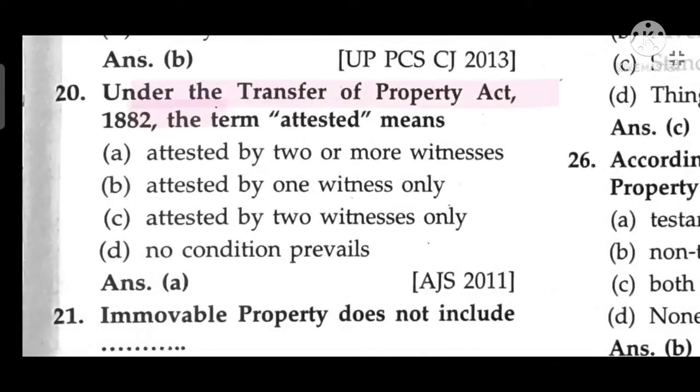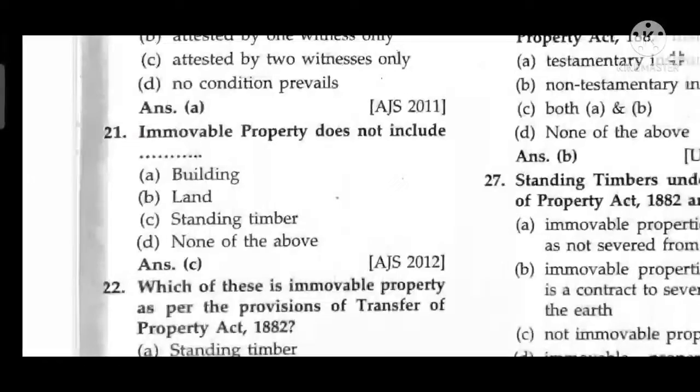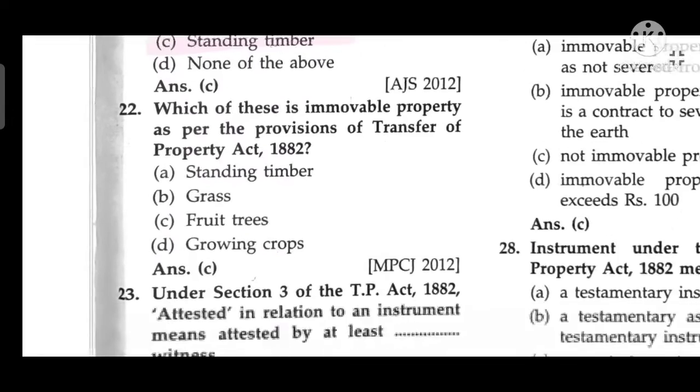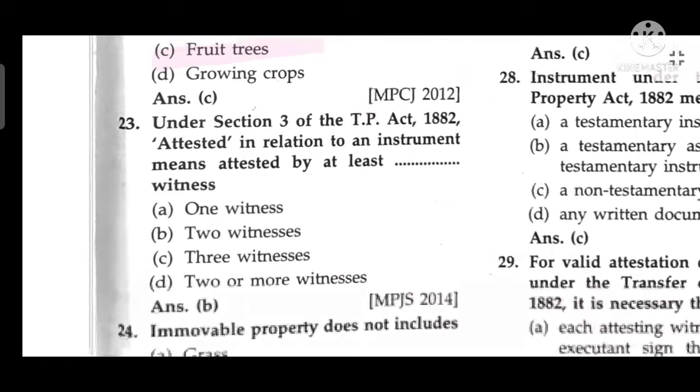Under the Transfer of Property Act 1882, the term attested means attested by at least two or more witnesses. Immovable property does not include standing timber. Which of these is immovable property as per the provisions of the Transfer of Property Act? Fruit trees.